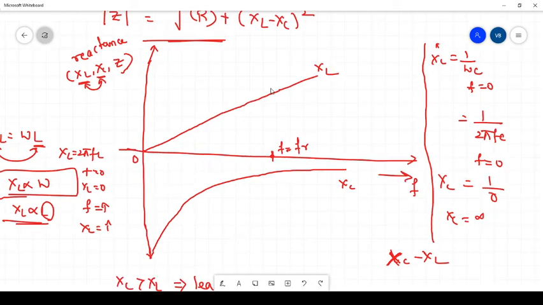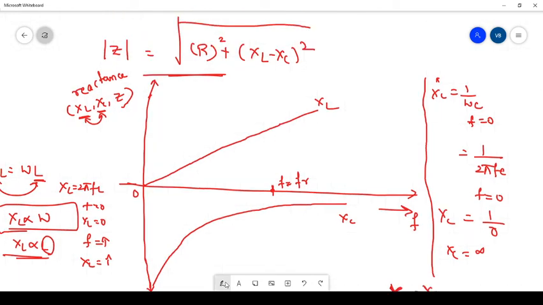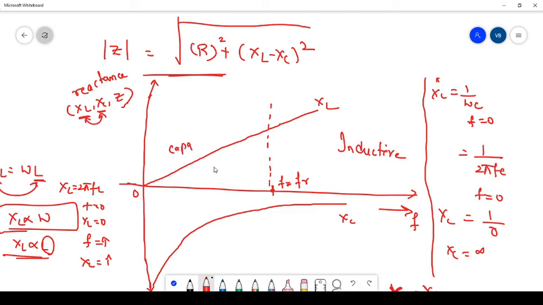So here I will draw that one. After fr, what is the condition here? That is inductive. After fr it is inductive, before fr it is capacitive. So here XC is greater than XL, and here XL is greater than XC.